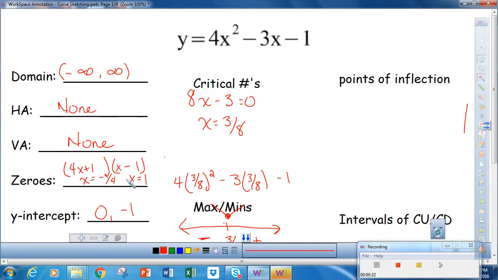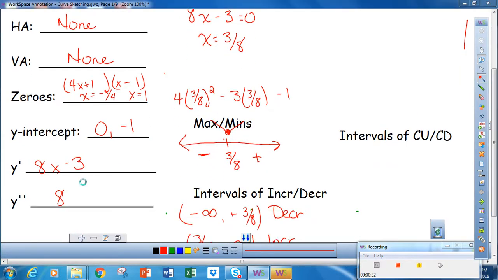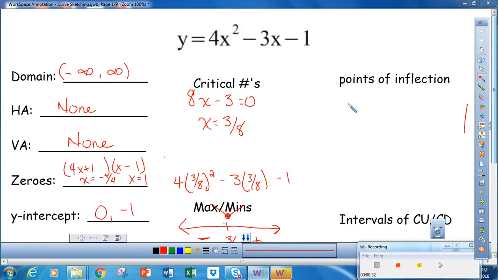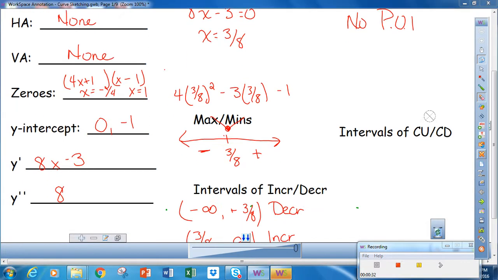To get a point of inflection, we would take the second derivative and set it equal to 0. The second derivative is 8, so this has no point of inflection because the second derivative is always positive, meaning that the curve is always concave up.